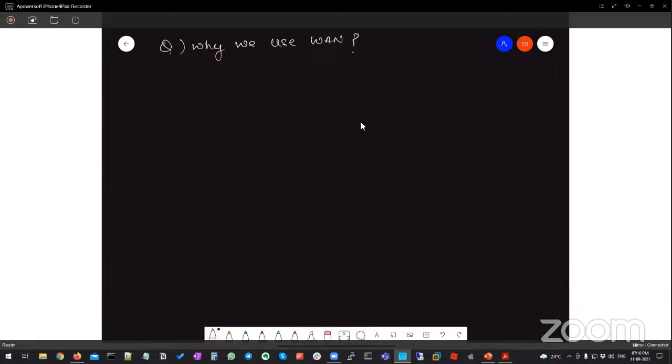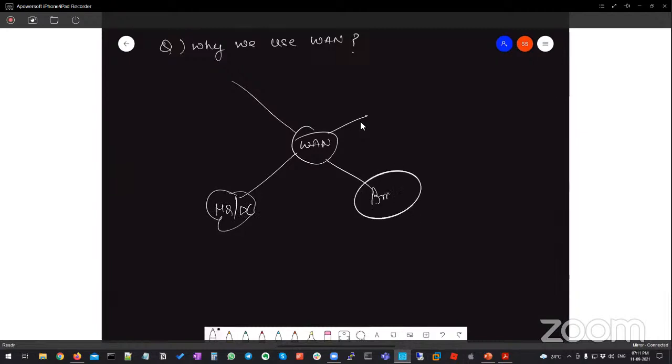So basically, we have a WAN environment in the middle, and then we have different office locations, right? Whatever is present, like your headquarters, data center, your branches, your remote office, your SOHO office.